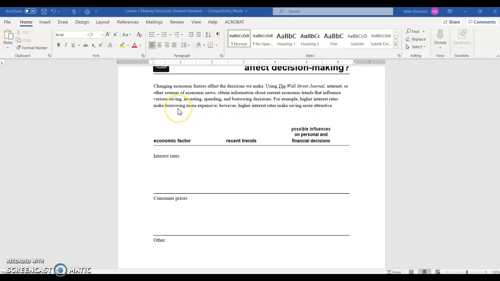If you have a higher interest rate, that means you're going to pay back more on the loan or on the money that you are borrowing. But if you invest or save that money, those high interest rates are going to earn you more money. So those would be a couple possible influences of interest rates.